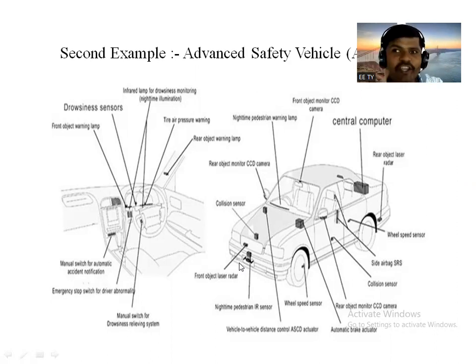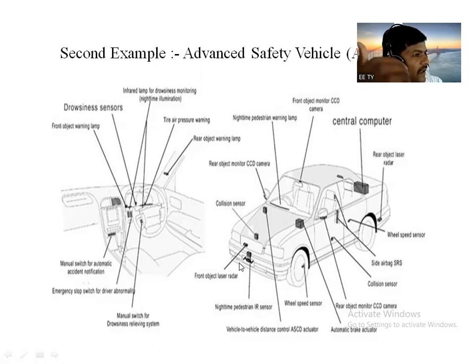Okay, see, here, suppose which sensor? The wheel speed sensor. Suppose your car is running at 110 km/h. That means the speed of your car. And again there is a front object laser radar, that means a laser type of sensor.